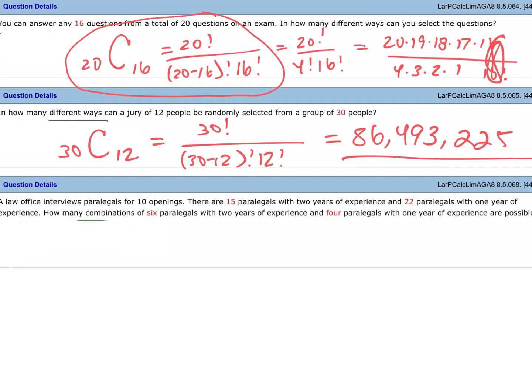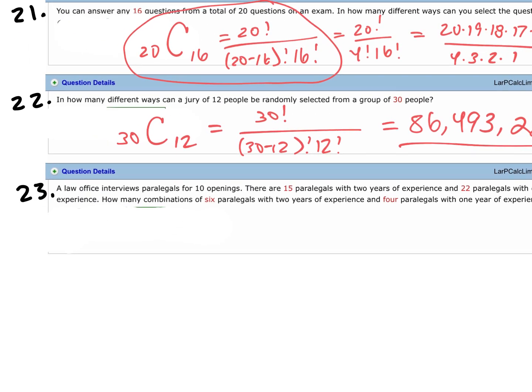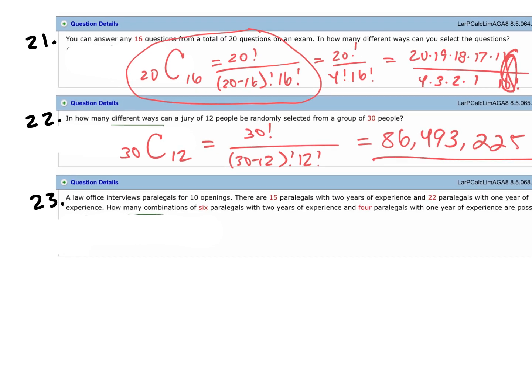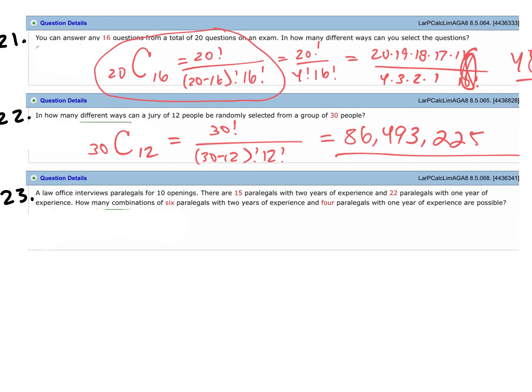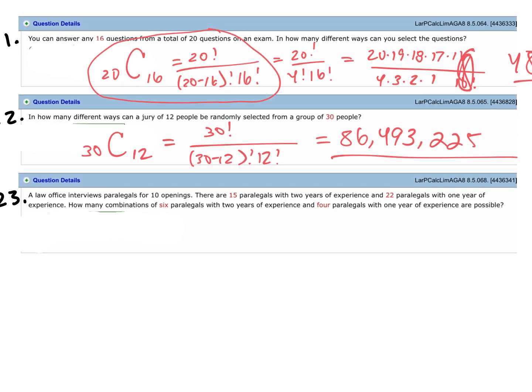All right, this last question here, not last on the thing, but last on this page. You guys had one like this on WebAssign. It says a law office interviews for 10 openings, 15 paralegals with 2 years, 22 with 1. Are they all doing the same job? Yeah. But there's just 2 different combinations you're doing. You have 2 sets: some people that have a certain amount of experience and some that have others.